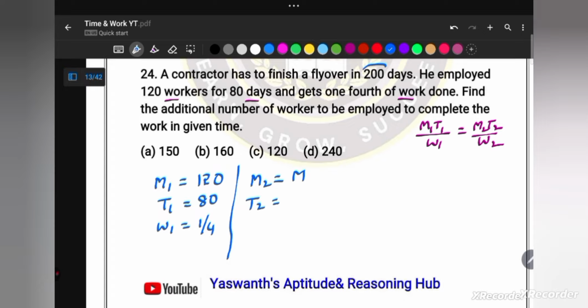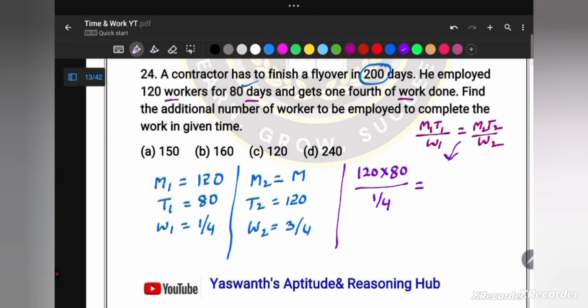The work should be completed in 200 days, but among the 200 days, 80 days are already completed, so the remaining is 120 days, and the remaining work we need to complete is 3/4 of the work.